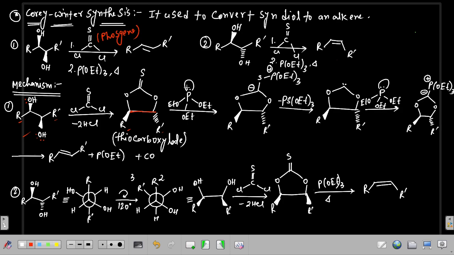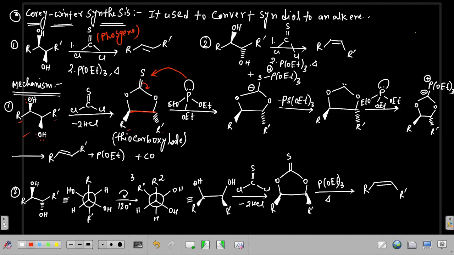Now we have triethyl phosphite. This triethyl phosphite has a lone pair on phosphorus, so it will donate its lone pair to the sulfur, and this bond will break to form this anion. Here this anion will form, and it's bonded with sulfur with phosphorus plus.